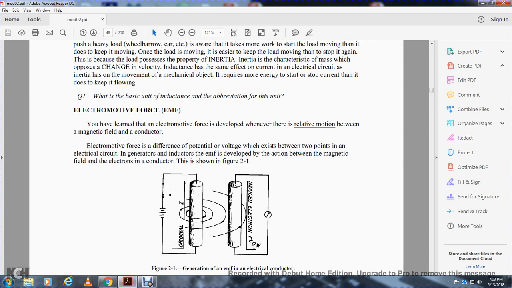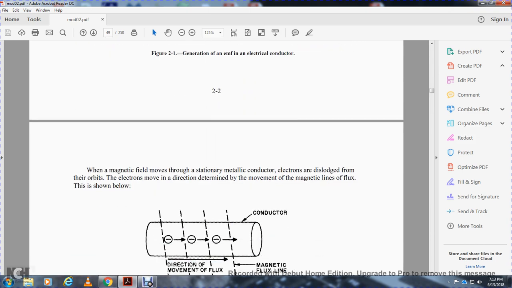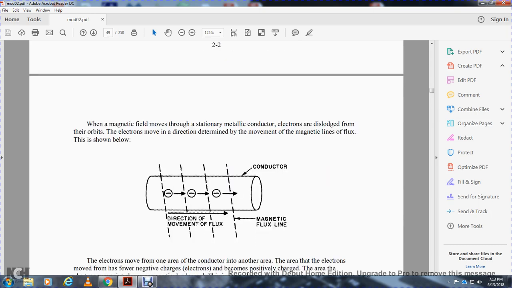Showing the battery, the original amperes in a circular motion, induced electron flow. Okay. When the magnetic field moves past the stationary metallic conductor, electrons are dislodged from their orbits and move in a direction determined by the movement of the magnetic flux, as shown by the direction of movement of flux, magnetic flux, conductor.